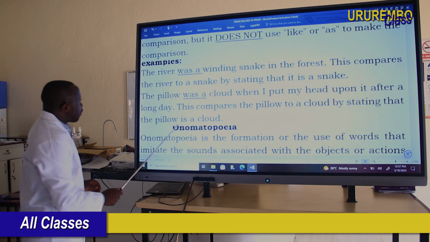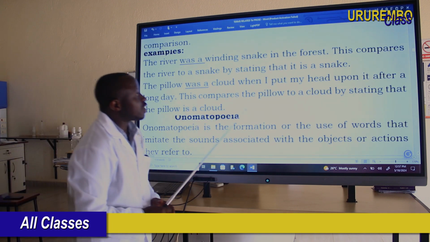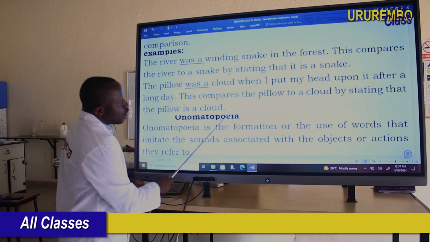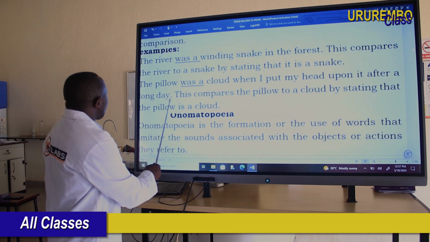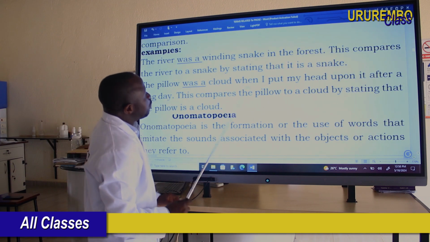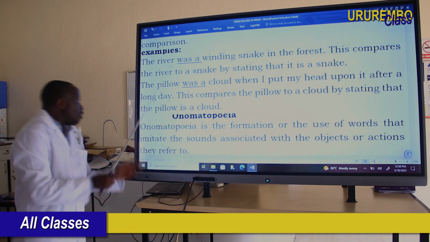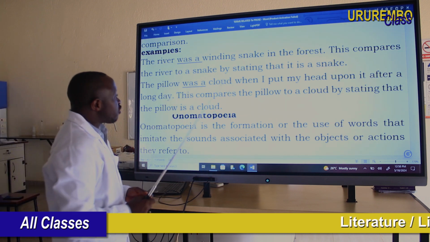The second example: the pillow was a cloud when I put my head upon it after a long day. This also compares the pillow to a cloud immediately, without comparative words.